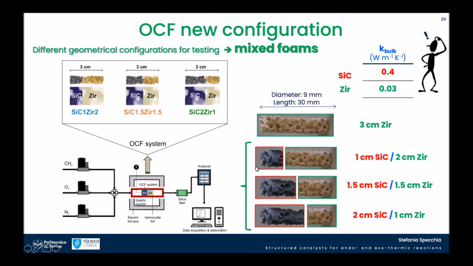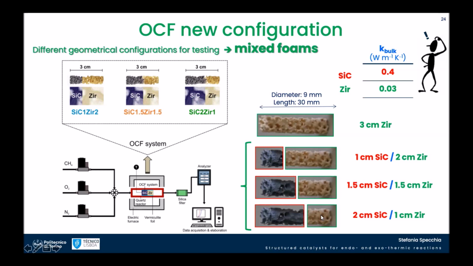So we went for mixed foam configurations where we always put SiC first, considering the direction of the flow, and then zirconia, by using 1/3 of SiC and 2/3 of zirconia, half and half, or 2/3 of SiC and 1/3 of zirconia.